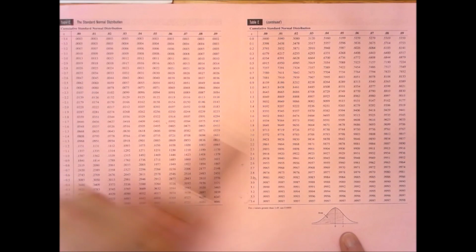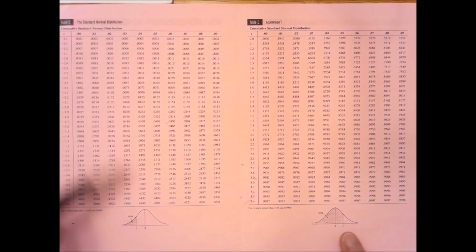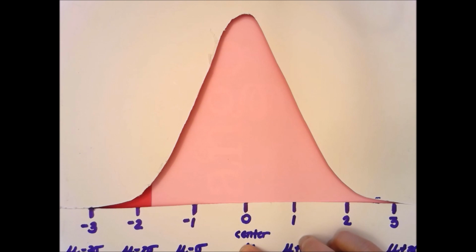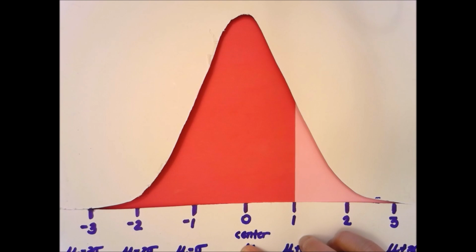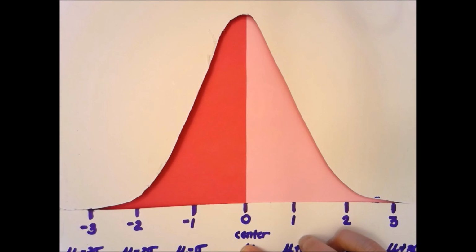So as the values of Z increase, the area to the left, or the red region, gets larger and larger. When we're exactly in the middle at 0, the area to the left is 0.5, because the standard normal distribution is exactly symmetric. The area to the left of 0 is 0.5, and the area to the right of 0 is 0.5.